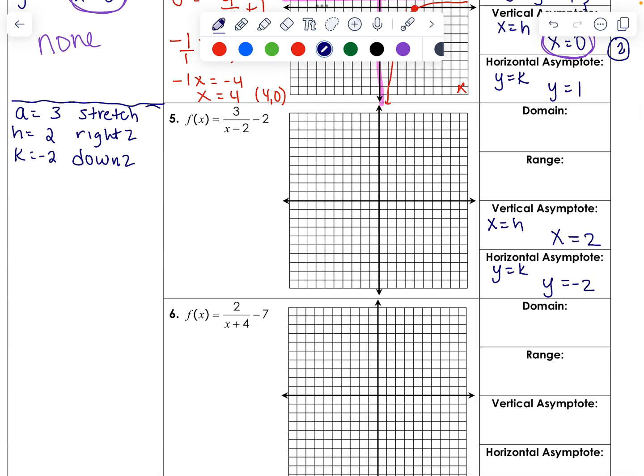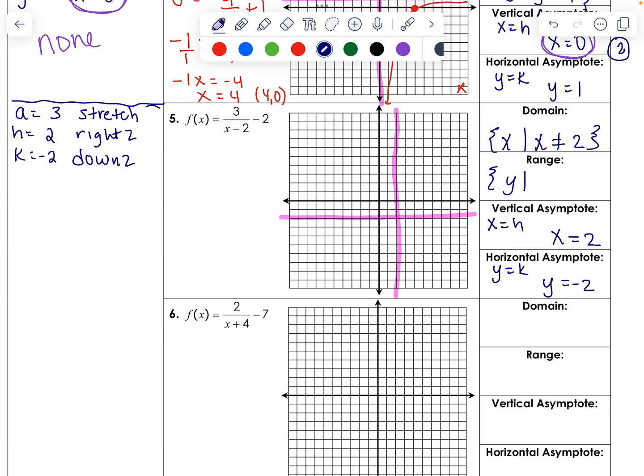I'm going to use my pink highlighter and draw those in. So x equals 2. Ooh, that's really crooked. And y equals -2. Okay, my domain and range. So x such that x cannot equal 2.